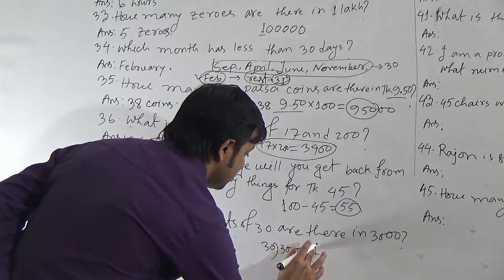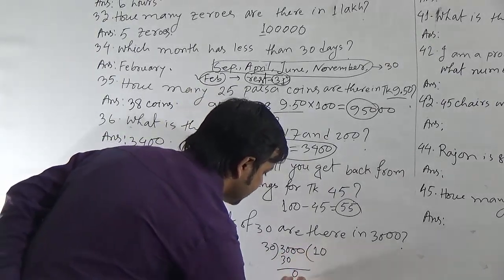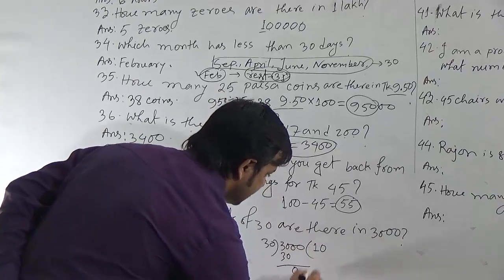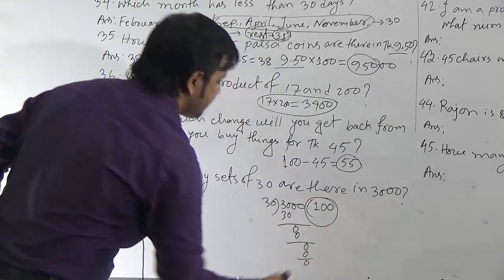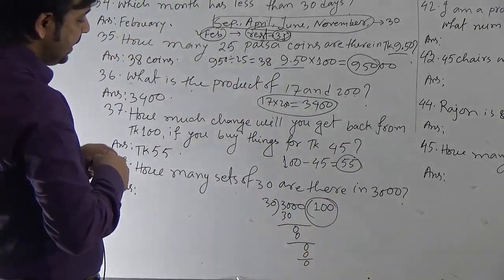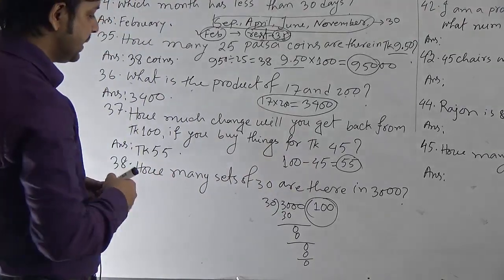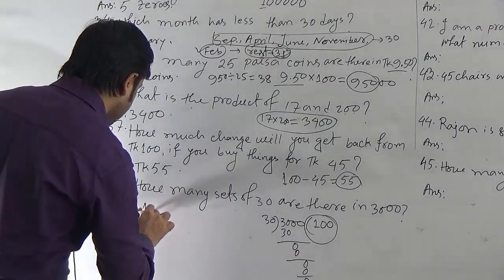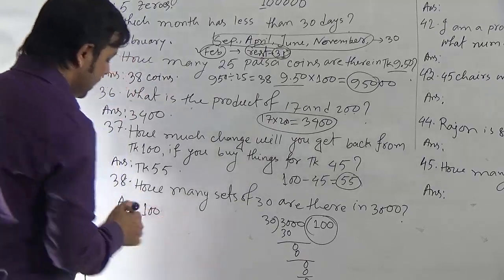One time 30. Now take this 0, 0 times 0. Now again take this 0, 0 times 0. It means that 100 sets of 30 are there in 3000. So our required answer for this question is 100.